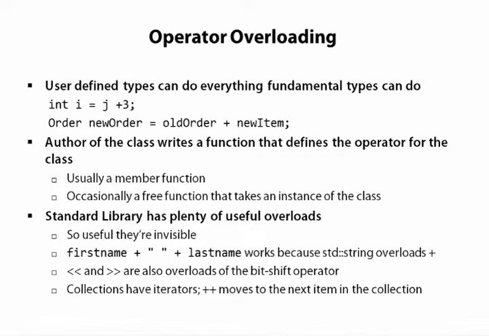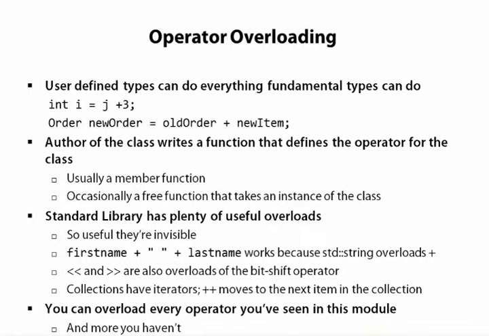In addition to the arithmetic operators, you can overload the comparison operators, whether one order is greater than another, whether one date is less than another, whether one string is equal to another. You can even overload operators that most people don't realize are operators and in fact think are part of the language. And there's some very powerful and useful classes in the standard library that have overloaded these strange operators. We'll talk about them as we get to them, but you should know that essentially the whole language is at your feet through the power of operator overloading.